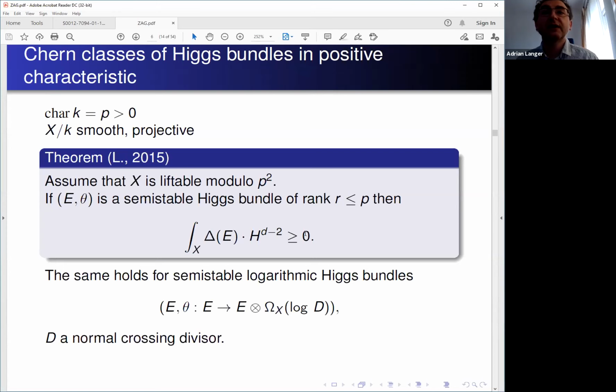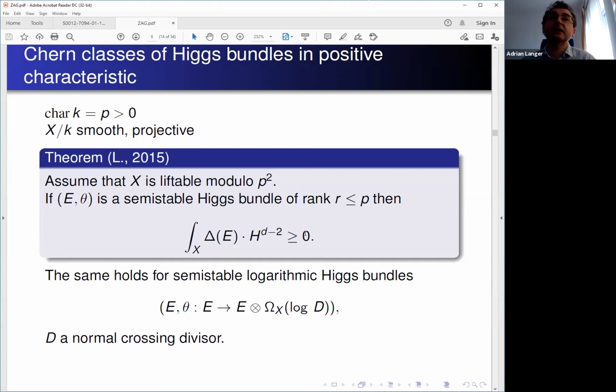In the case of logarithmic Higgs bundles, instead of just taking the usual Higgs bundle, we take a simple normal crossing divisor D and then consider a vector bundle together with this logarithmic Higgs field. And if this is semi-stable of rank at most equal to the characteristic, then the degree of the discriminant is still greater or equal than 0.